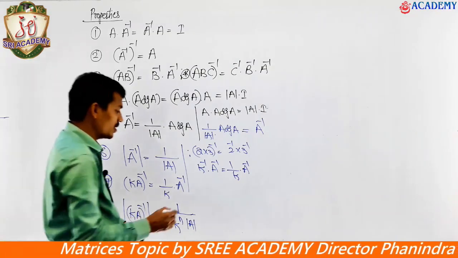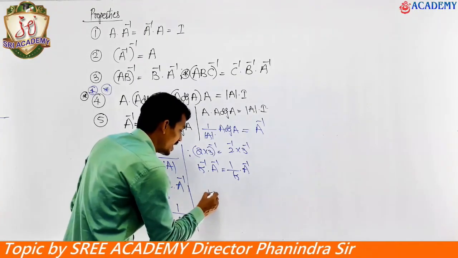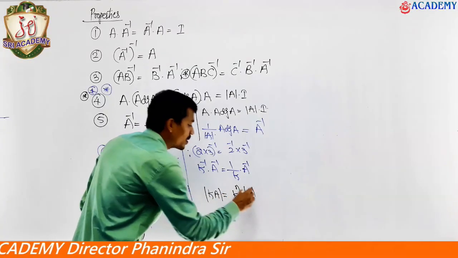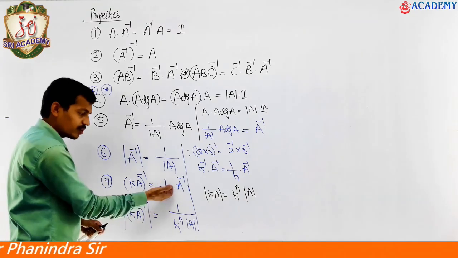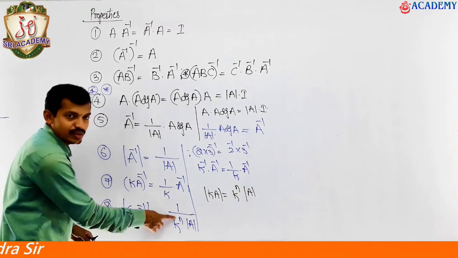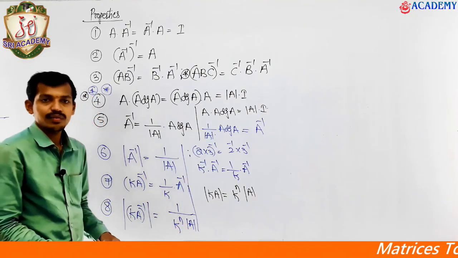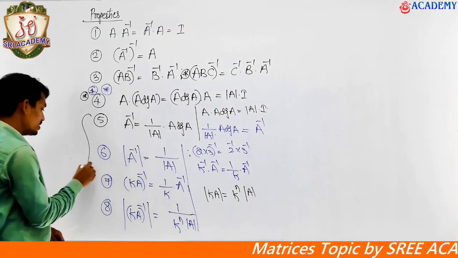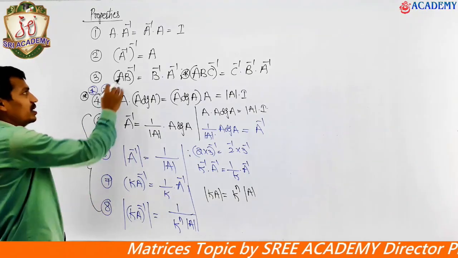Actually here we know one formula: determinant of kA equals k power n into determinant of A. That is 1 by A determinant, when it comes outside from inside the determinant, 1 by k power n, and the inverse matrix determinant is equal to 1 by determinant of A. Simple and sweet. If you remember these values, this is very important. From here you are going to get all these properties, the basic ones.